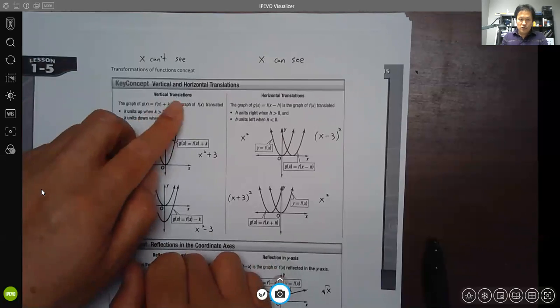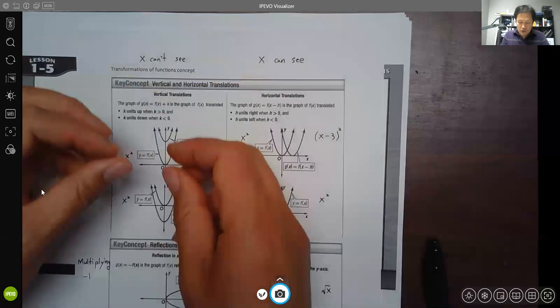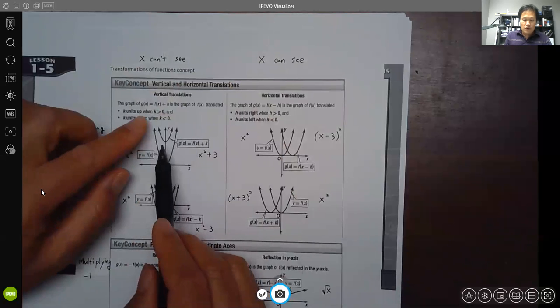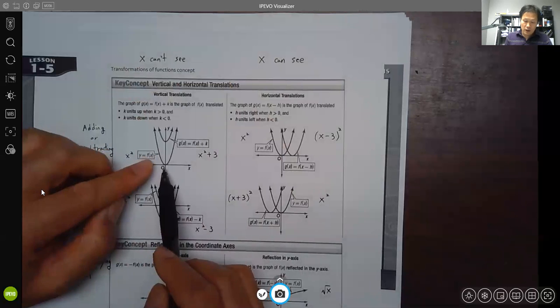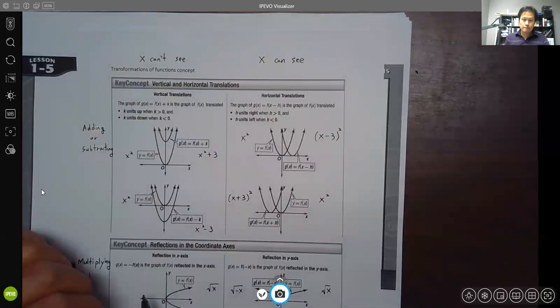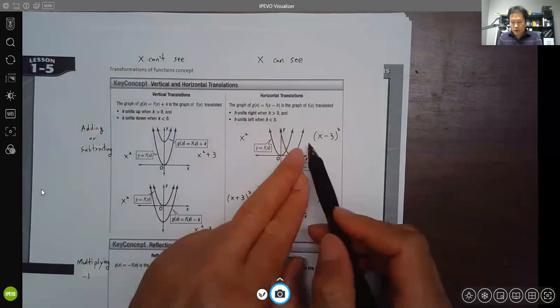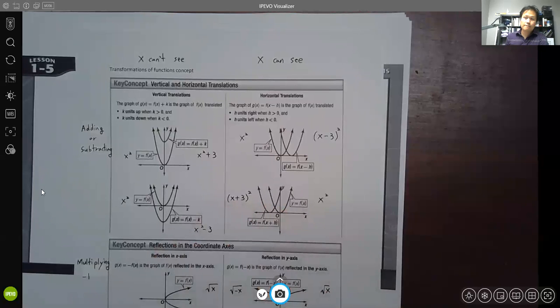Vertical translation is either moving the graph up or down. If you look at this example, this is the original graph. If you shift up by a certain value, you're going up by this. Down, then you go down by this. If you're moving the original graph to the right, you move to the right. If you move to the left, we shift to the left.